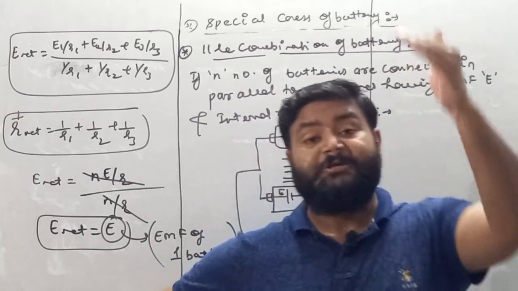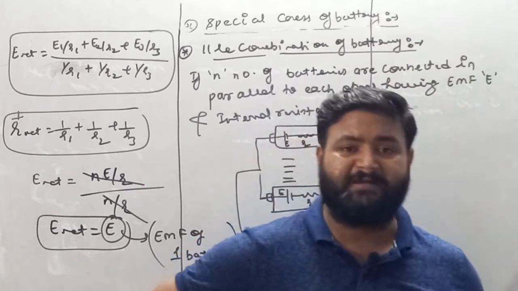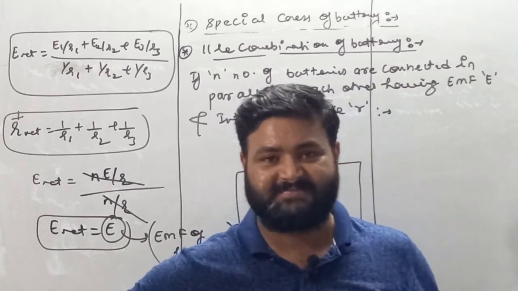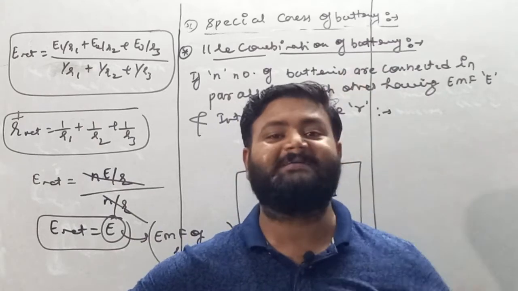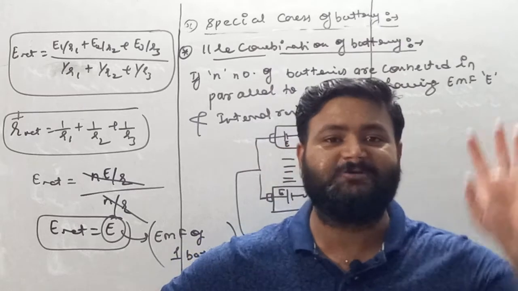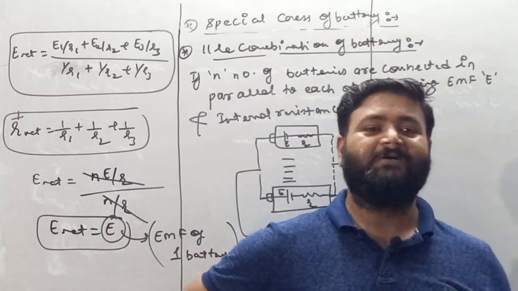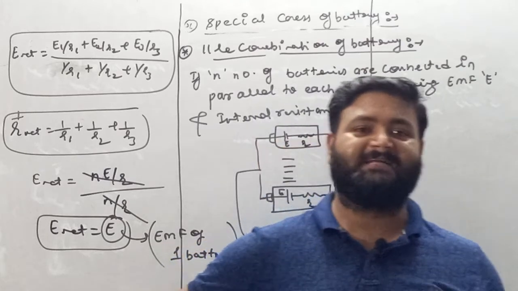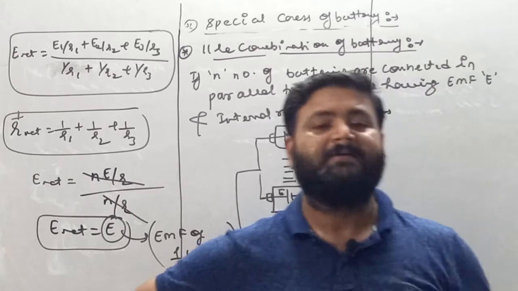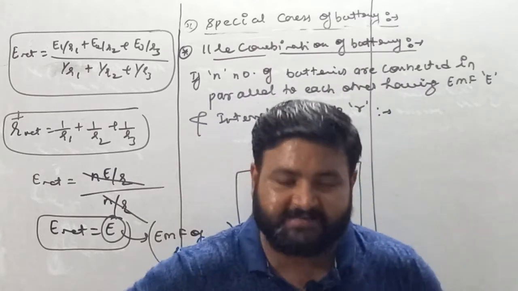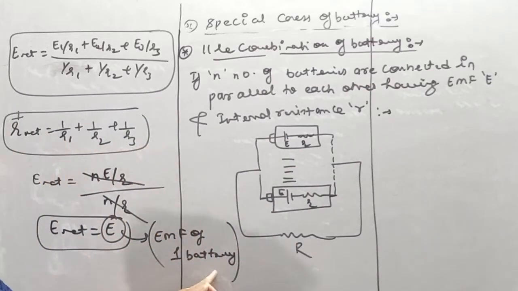So let's suppose you are connecting 10 batteries, each battery carrying 1 volt EMF and 1 ohm internal resistance. So basically in the circuit only one battery is operating, the rest 9 are useless. So my dear student, there is nothing in potential to connect the batteries in parallel, because if you are connecting batteries in parallel, then net EMF is equal to the EMF of one battery.